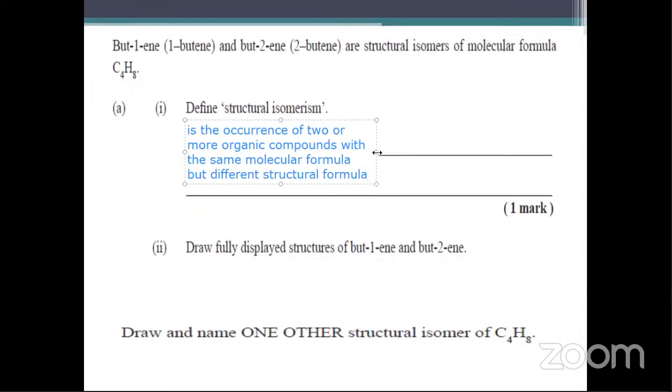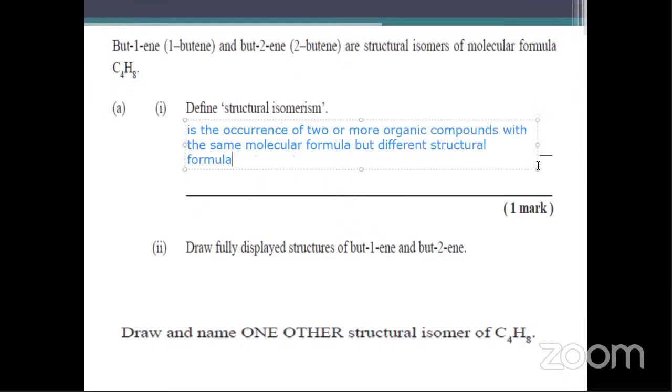So that's the meaning of structural isomerism. Remember, they're asking about the phenomenon, so you need to say the occurrence.